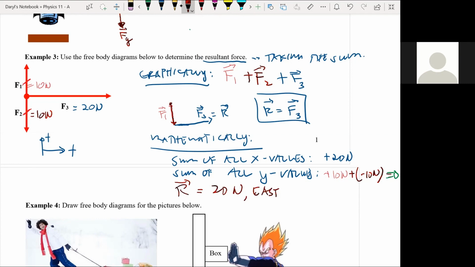When we do vector addition and subtraction, specifically in this case because we're taking the resultant, we're just taking the sum of all x components and y components. Here the y value is 0, that's why your resultant is just equivalent to the x value.